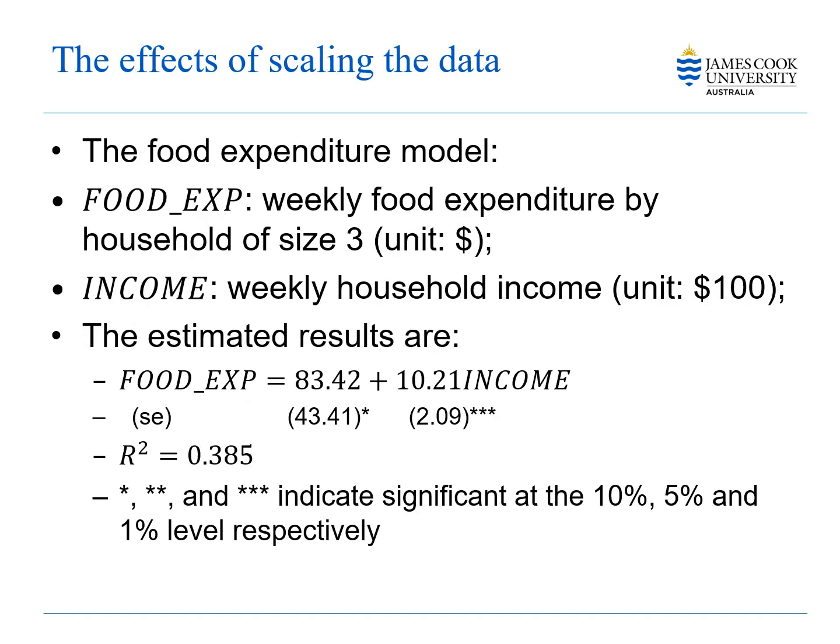Okay, let's look at the food expenditure models. We're going to use FOOD_EXP, this variable, to denote weekly food expenditure by a household of size 3. Note that this is actually y, and the unit of this variable is dollar.